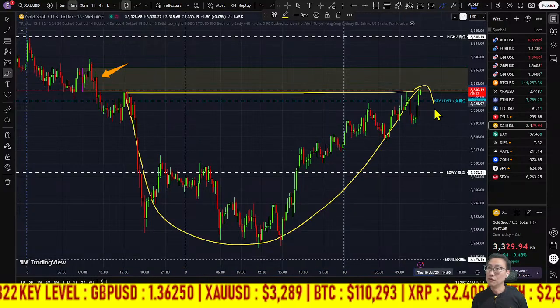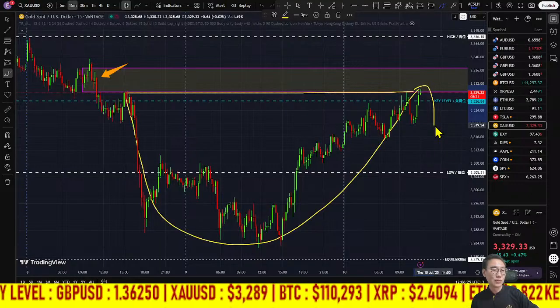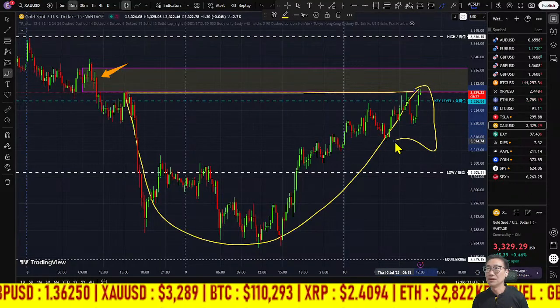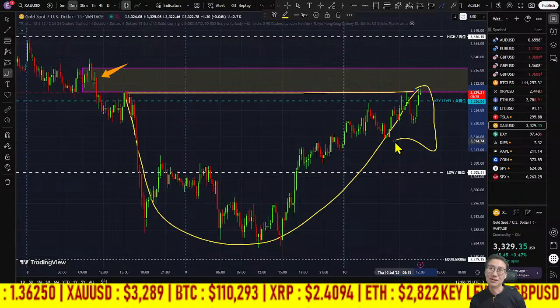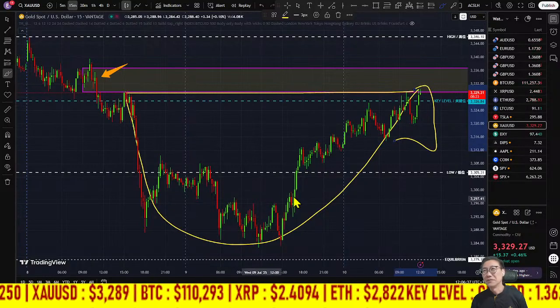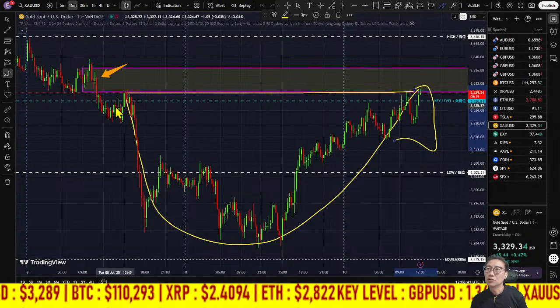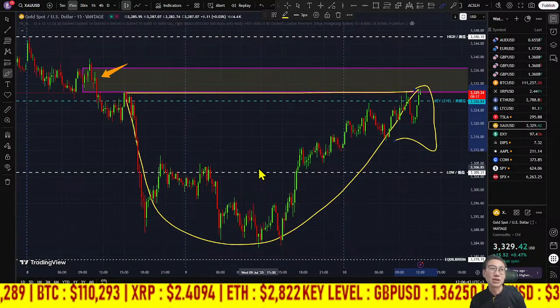Once it's filled, there may be a chance of an overflow. When there's overflow, as we can see, it seems like it's forming up the cup and handle, correct? Well, these are all textbook knowledge, and it seems like it is working that way.